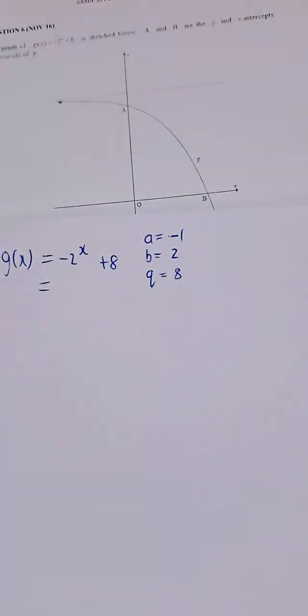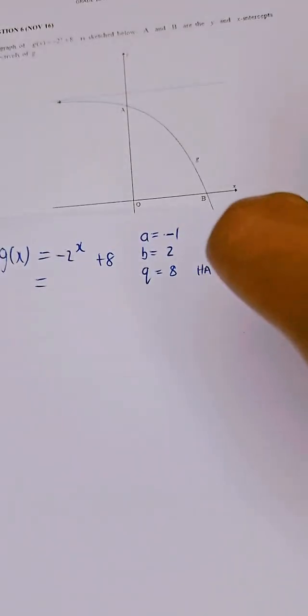You are 100% correct. Those who have said a is equal to negative 1, because remember, there's a negative 1 multiplied. b is 2, and q is 8. Remember, guys, when we talk about the horizontal asymptote, y is equal to 8.